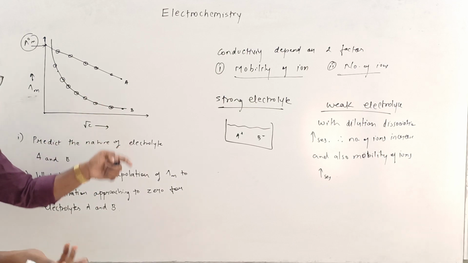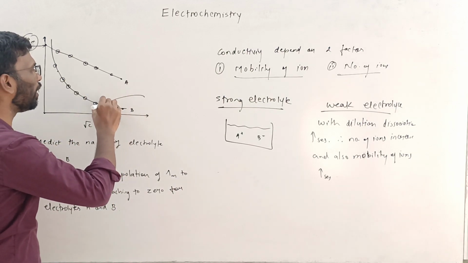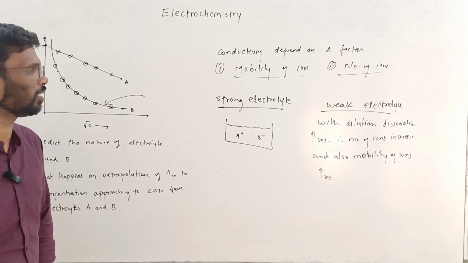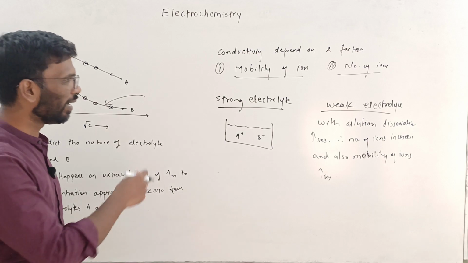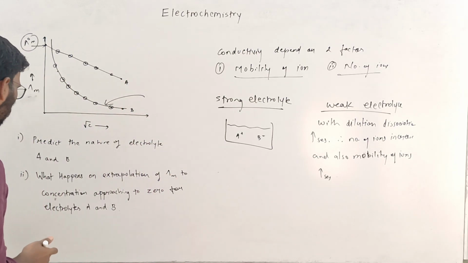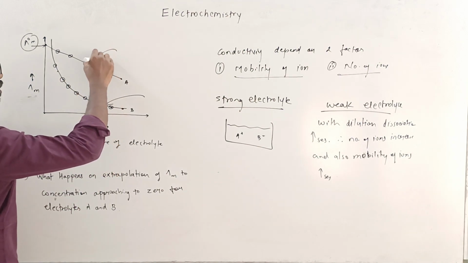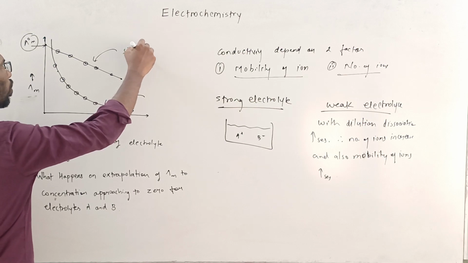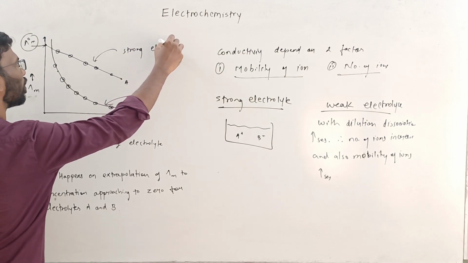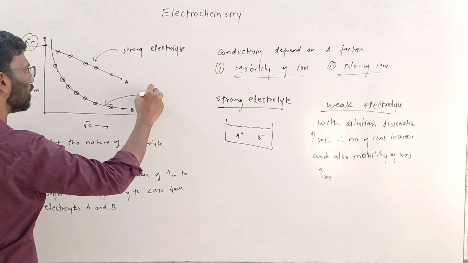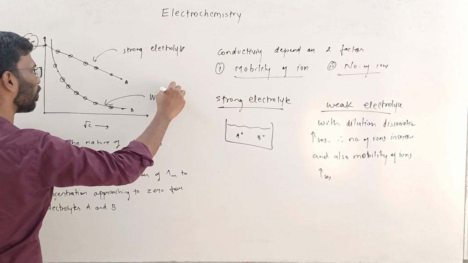So that's why for a weak electrolyte, to find the limiting molar conductance, we use the Kohlrausch law of independent migration of ions. So this is what A is over here. A is a strong electrolyte. Understand? That is the answer for the first one. And B is a weak electrolyte.